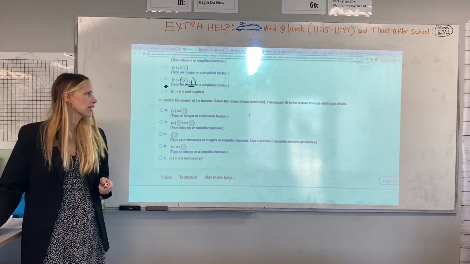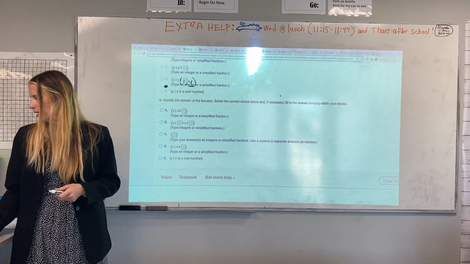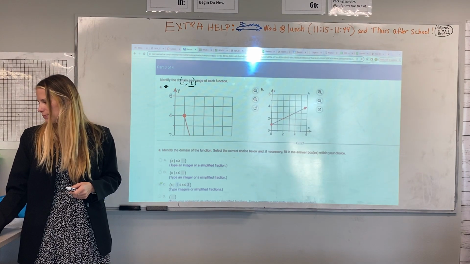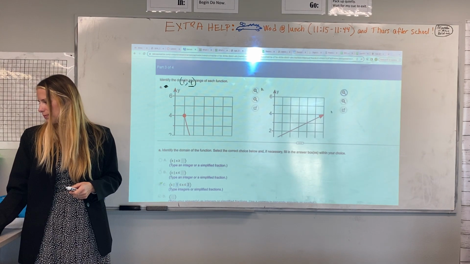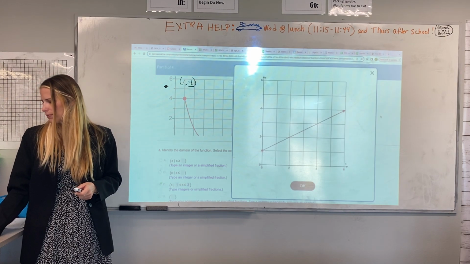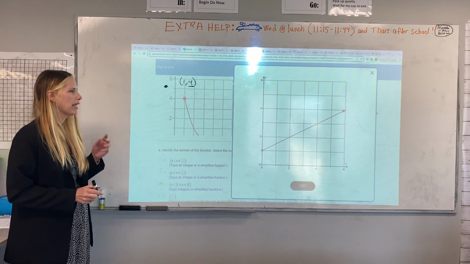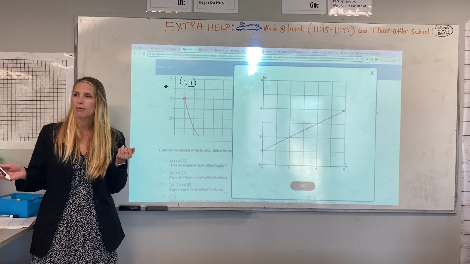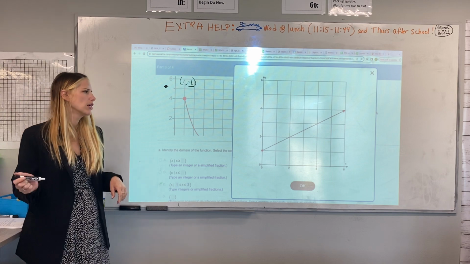Okay, so now we're looking for the other graph, and we're going to identify the domain of this graph now. You know what, I'm just going to go ahead and pop it out. There we go. We're going to identify the domain of this graph. Talking about domain, so what values am I talking about? X values, good.